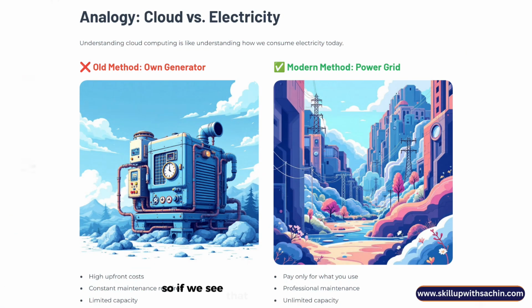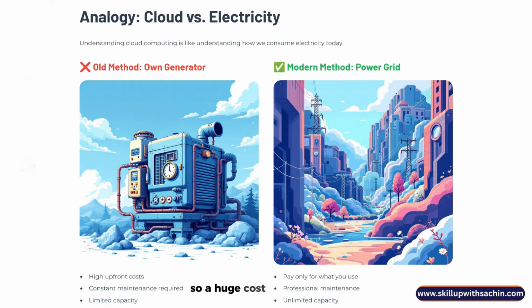If we see that in the early 1980s or 1990s, we had electricity. To relate to cloud computing, electricity is a perfect example. Earlier, you had to generate your own electricity, buy your own generator, maintain it, and all the expenses were incurred by you.